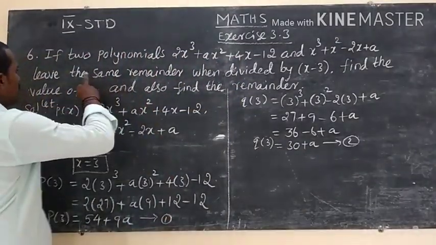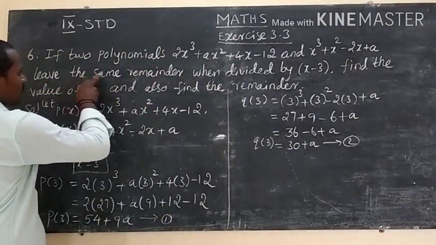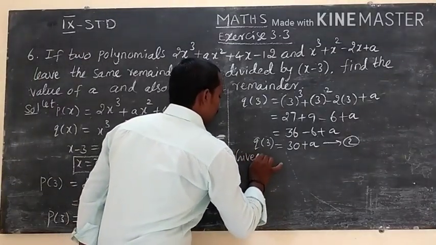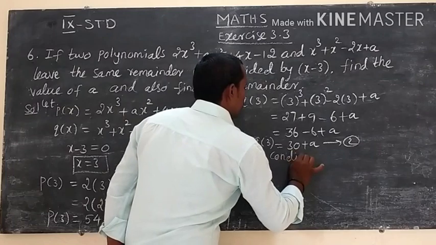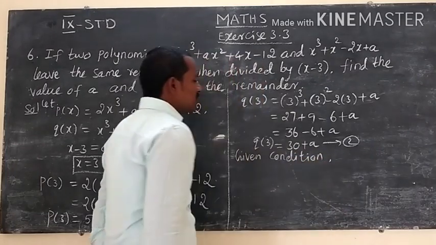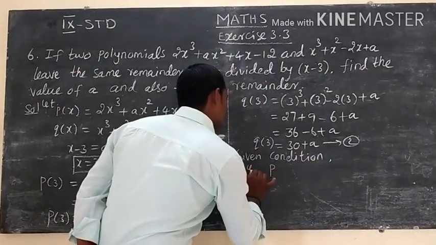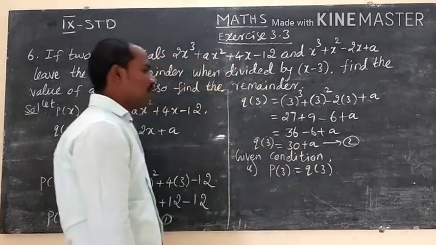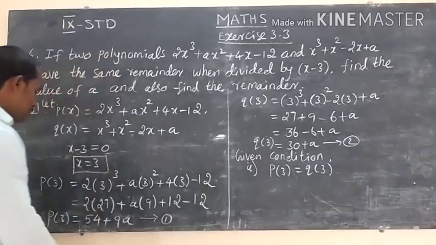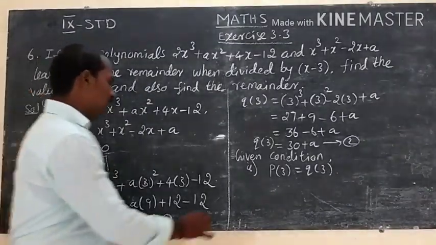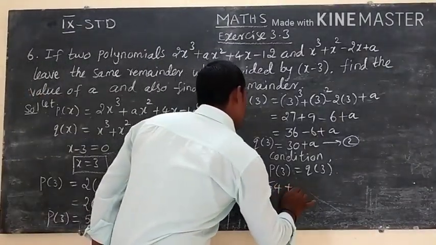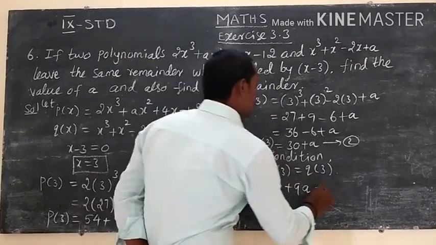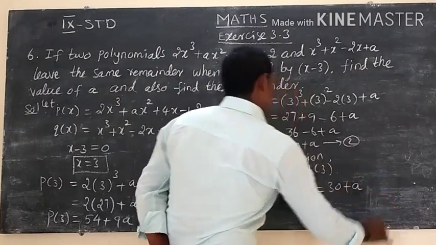From the question, the given condition: leave the same remainder. That is p of 3 equal to q of 3, so both the values are equal. The p of 3 is 54 plus 9a, equal to q of 3, which is 30 plus a.